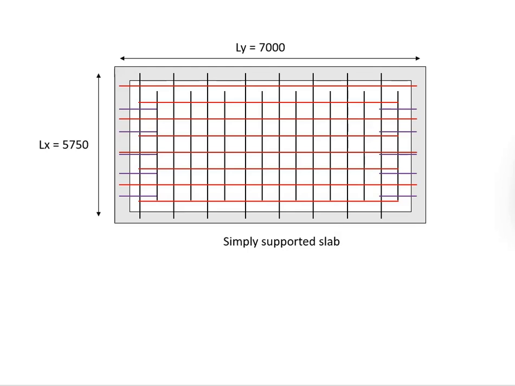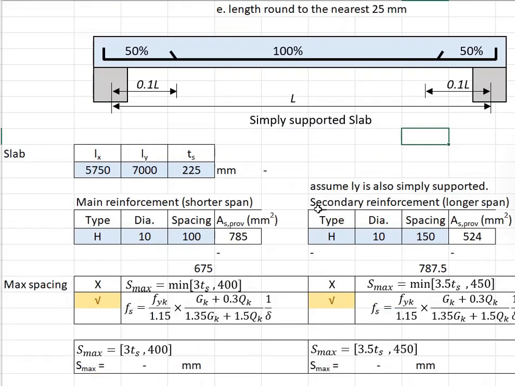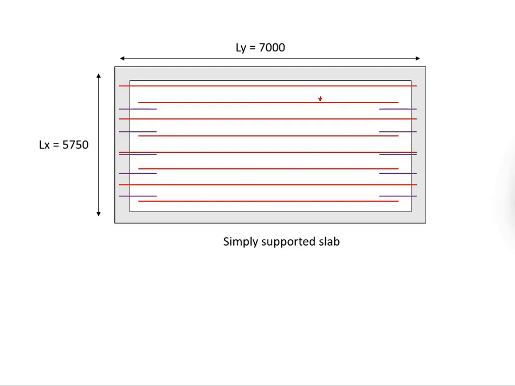To avoid confusion, let us first delete the main reinforcement to make the situation clearer. This will be the layout of your reinforcement after you've done the curtailment for the secondary reinforcement. Initially, in the midspan, your reinforcement will be #10 150. That means this spacing will be 150.